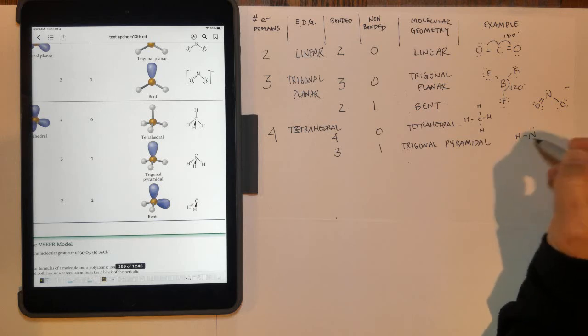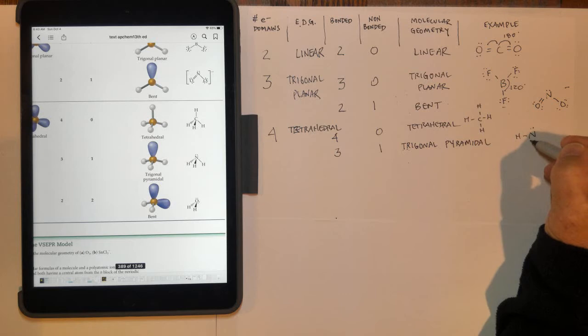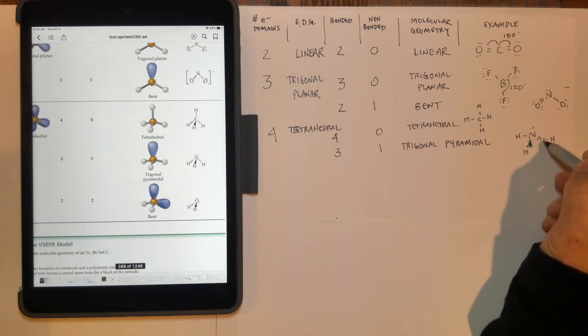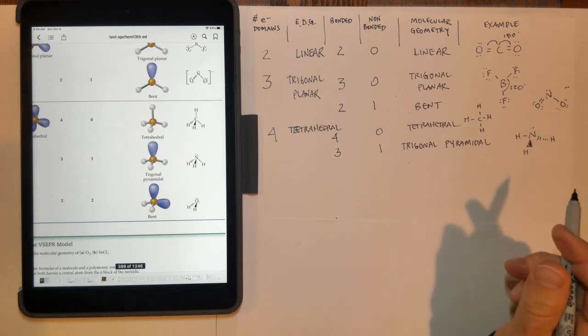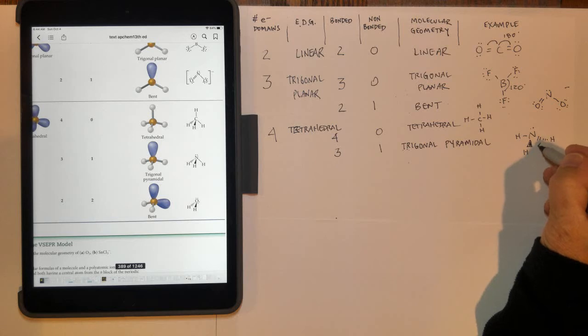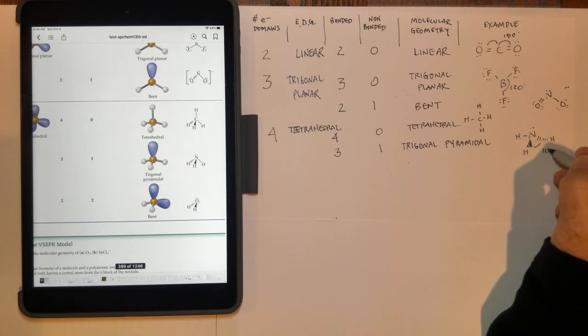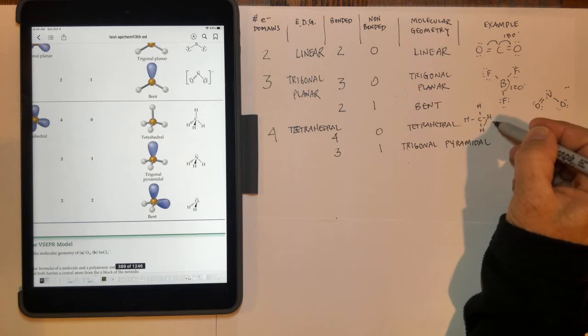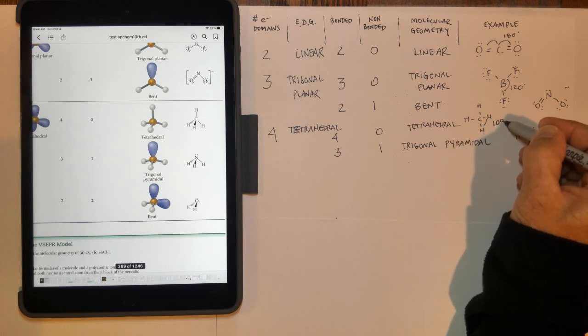N with 1 in the plane of the paper, and then a wedge coming out of the paper at us right here, and then a dash part going back into the paper. And our bond angle right here would be reduced, and that ends up being a bond angle of about 107 degrees. Whereas back up here in the tetrahedral, remember the bond angle was 109.5.